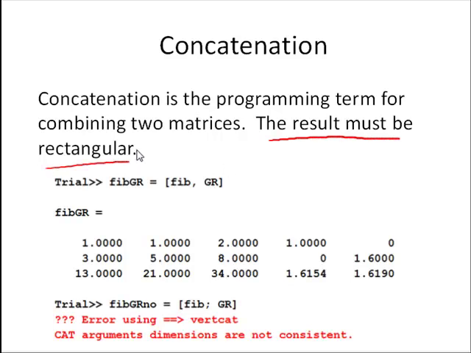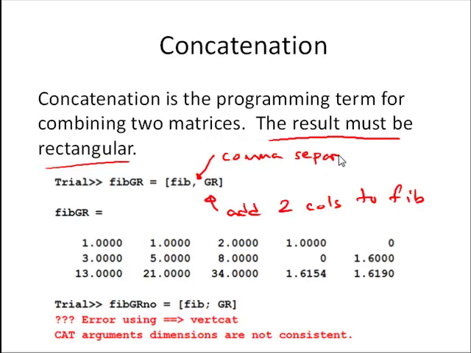So for example, if we want to combine those two matrices from the previous slide, fib and GR, we can combine them by using GR to add two columns to fib, and that's happening because these are separated by a comma, and the comma separates columns. So we can do that, and here's our result.